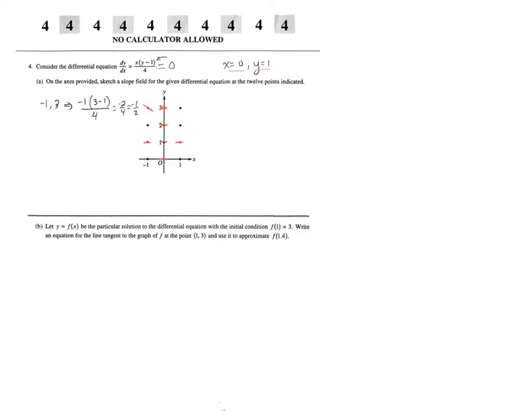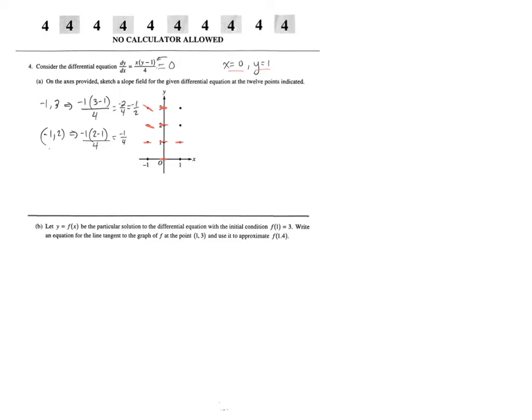Let's do the same thing at negative 1, 2. Now we're going to have a slope of negative 1 times 2 minus 1 over 4. I think you can see that's going to be negative 1 times 1 over 4, which is negative 1/4. So now our slope is just negative 1/4, which is a very shallow slope. Kind of hard to draw, but I'm going to try to make it look a little less steep than the one before it.